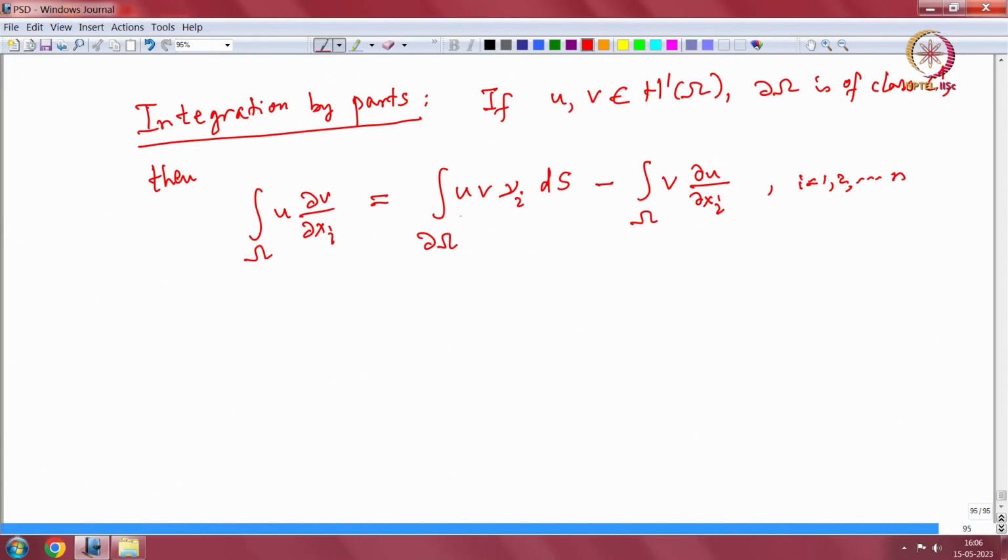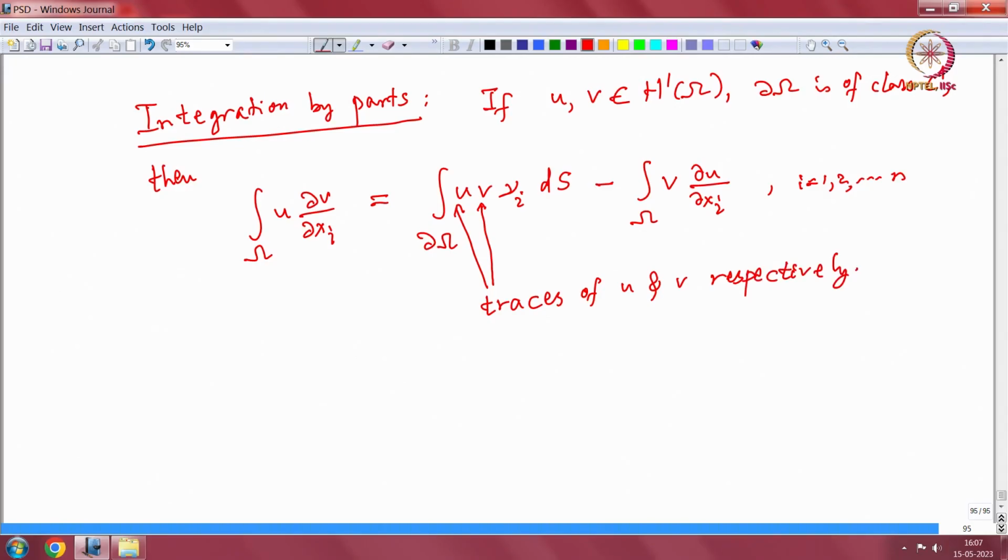Now this u and v, as we already started writing, are traces of u and v respectively. So this is immediate now.